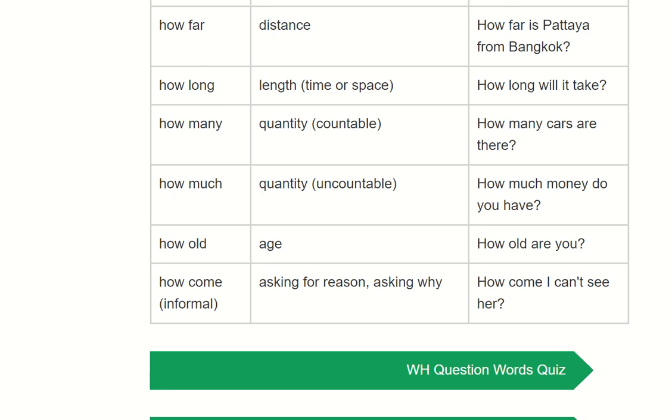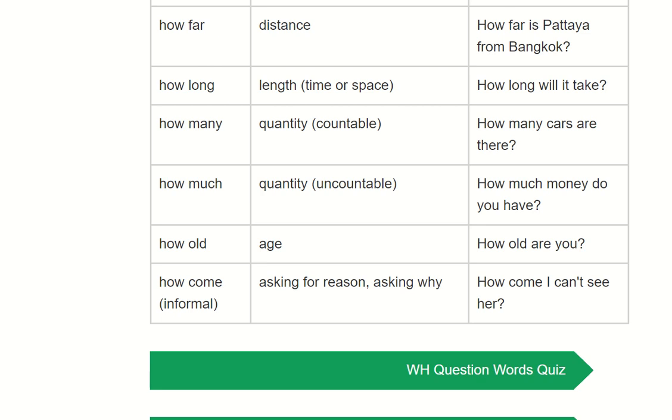How old are you? Last but not least, this is informal. You don't use this whenever you write an essay or in a formal setting, but in a casual setting, or with somebody that you are familiar with, or somebody that is not in an official setting, you could use this.